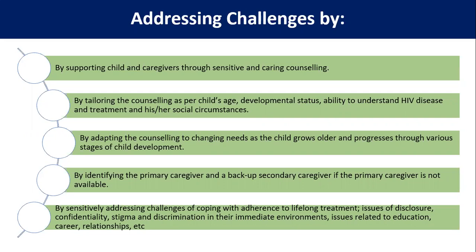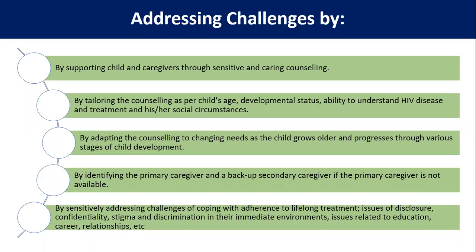So by tailoring the counseling as per the child's age and developmental status, their ability to understand what HIV disease and treatment are, and their social circumstances, you have to also adapt the counseling to the changing needs as the child grows older, like regarding the disclosure issues. And you have to also identify the caregiver and a backup secondary caregiver if there is a problem in the family, if there is a single orphan or double orphan.